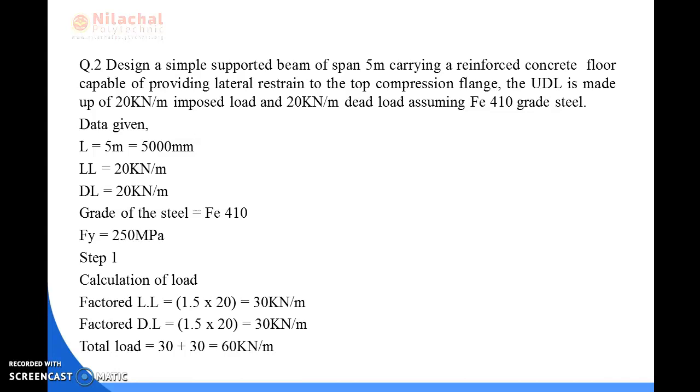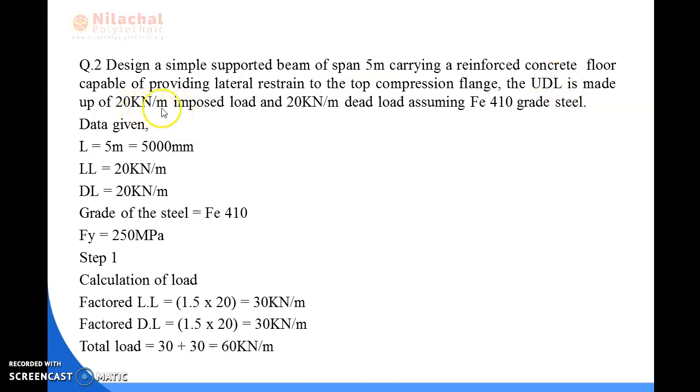So here you can see what the data givens are. First, the span is given, that means the length of the beam is 5 meter. Then the loading condition is given, which is UDL type, and in the UDL two types of loading are there.